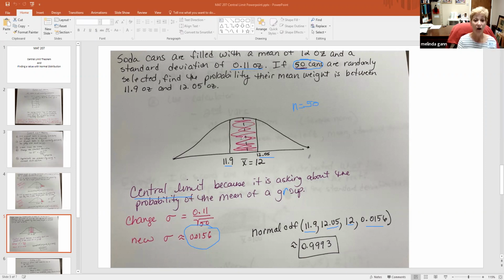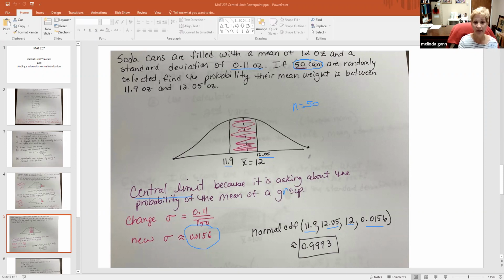Now, it didn't say anything about my original data being normally distributed. The words normally distributed are nowhere in this problem. So how did I know that it was central limit? Because I'm asking about the probability of the mean of a group. And notice, because I didn't know if the original data was normally distributed, my sample size had to be bigger than 30.